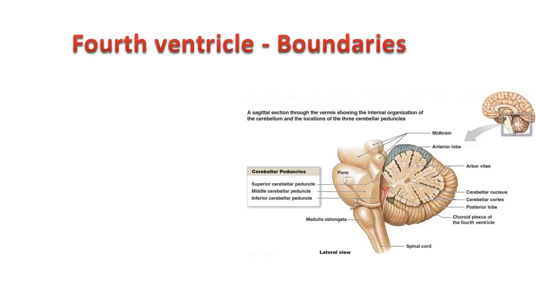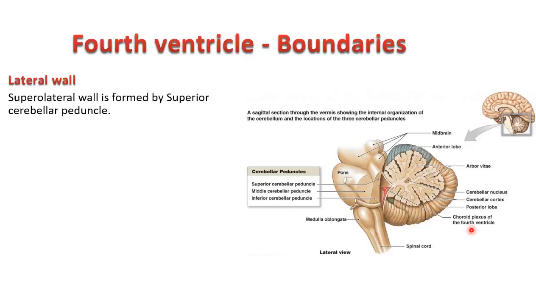Now coming to the boundaries. The first boundary we will discuss with respect to the fourth ventricle is the lateral wall of the fourth ventricle. The lateral wall is mainly, as a superolateral part, formed by the superior cerebellar peduncles.